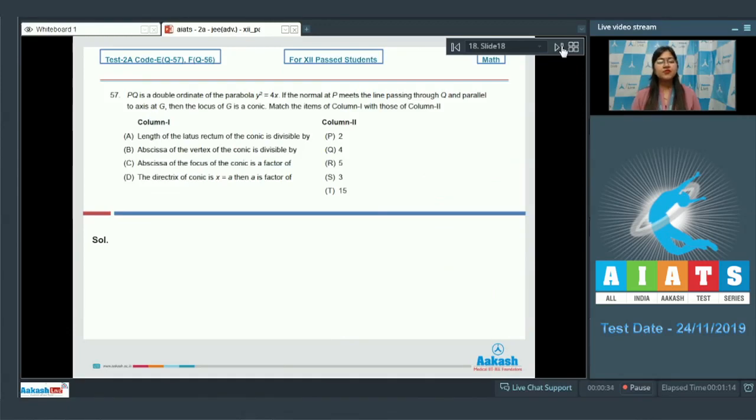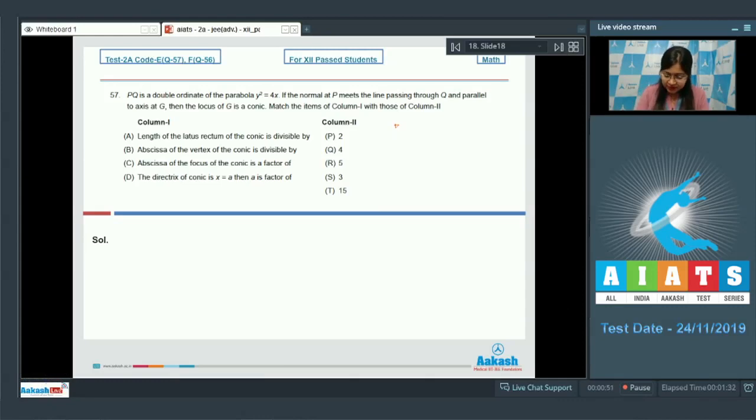Next is question number 57, which says that PQ is a double ordinate of the parabola y squared equal to 4x. If the normal at P meets the line passing through Q and parallel to x-axis at G, then the locus of G is a conic, and we have to talk about that conic.